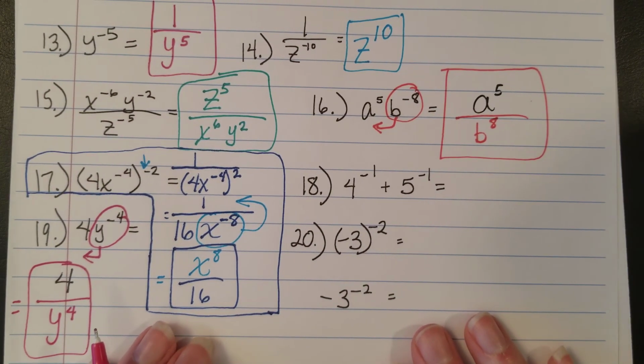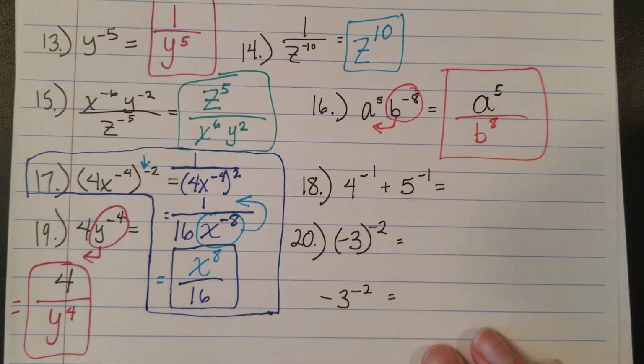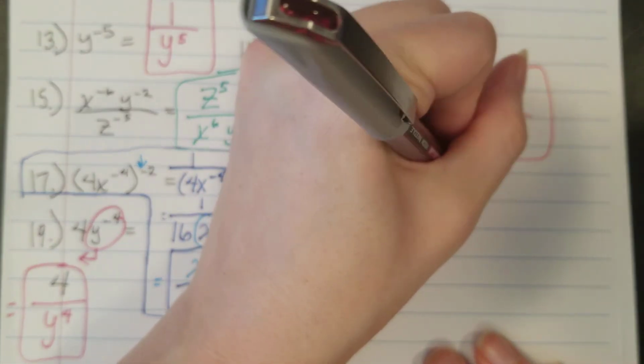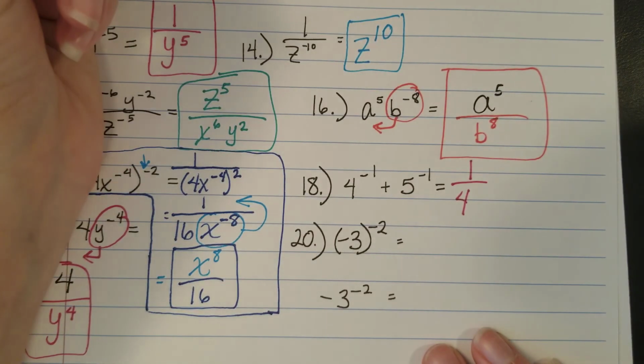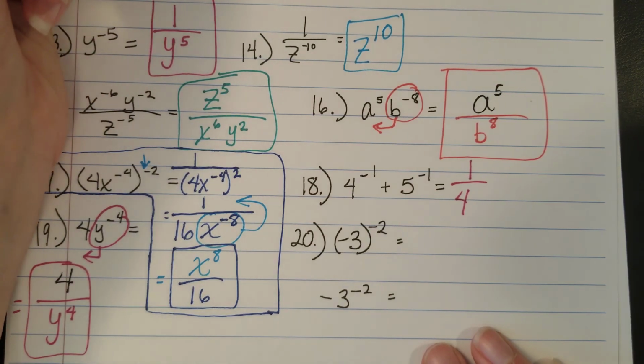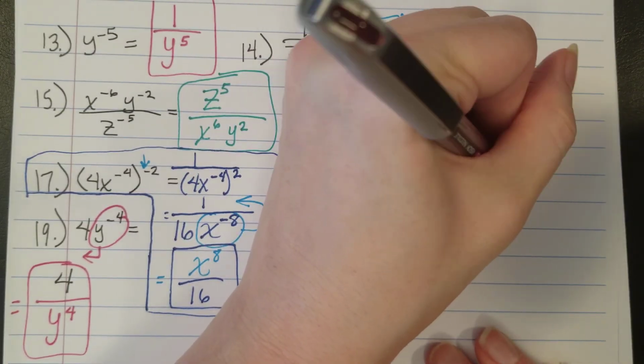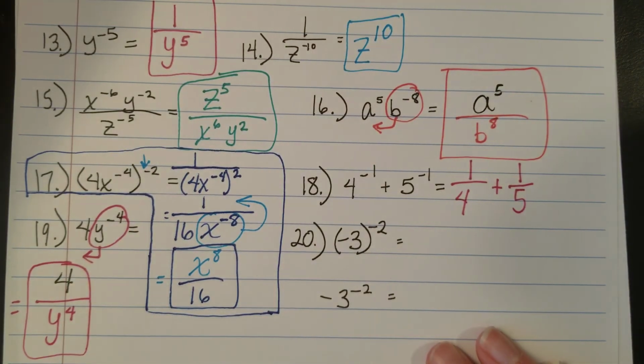Number 18. So we have 4 to the power of negative 1 plus 5 to the power of negative 1. So to get rid of those negative exponents, that would just be 1 over 4 to the power of positive 1, which is the same thing as just 1 over 4. And then 5 to the power of negative 1 is just 1 over 5. All right, so now it's just a matter of adding fractions.